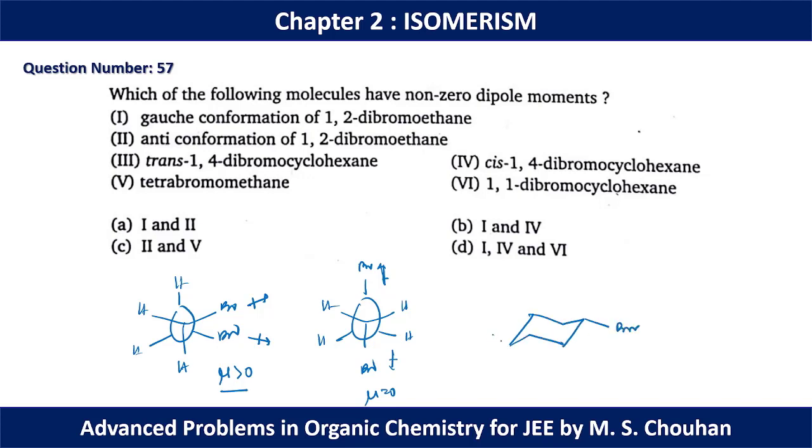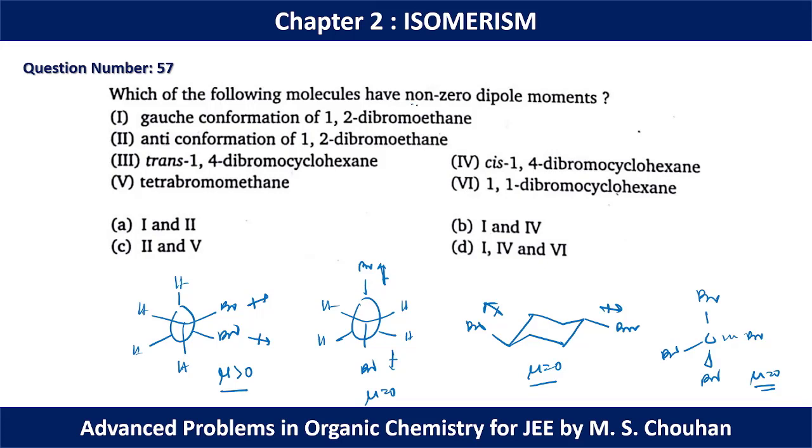This bromine is present here, this bromine is present here. Again these two will cancel each other, so it will again give a zero dipole moment. Tetrabromomethane again will give a zero dipole moment because the net dipole moment will become zero.